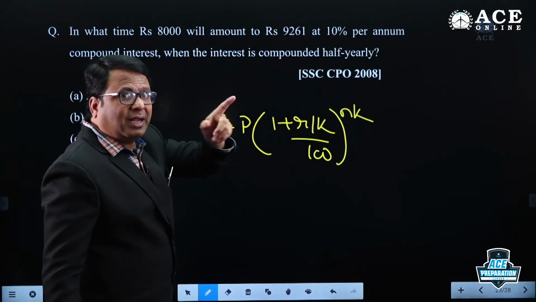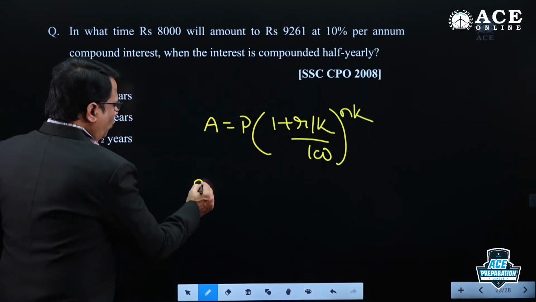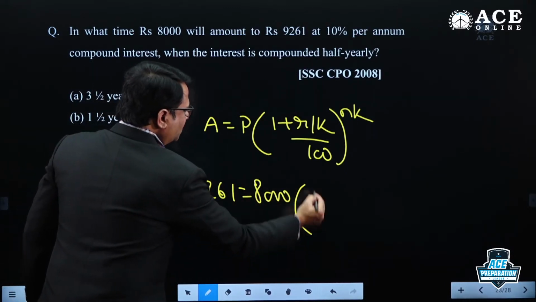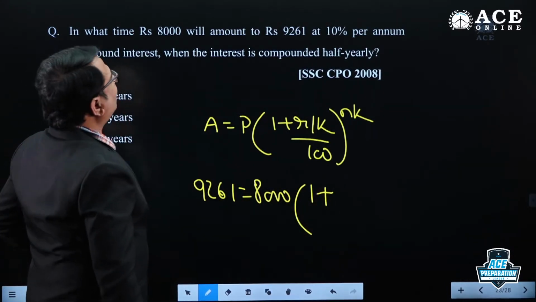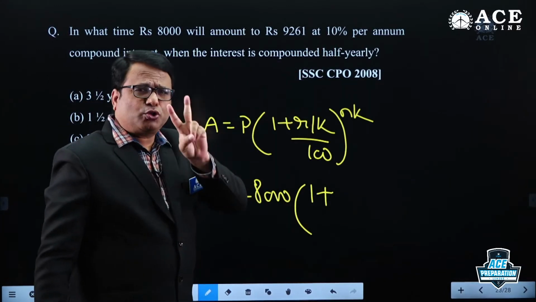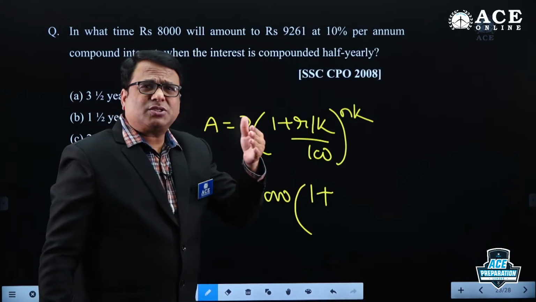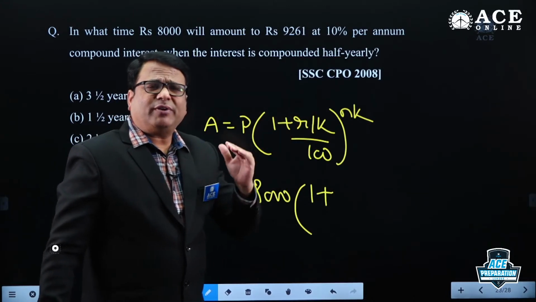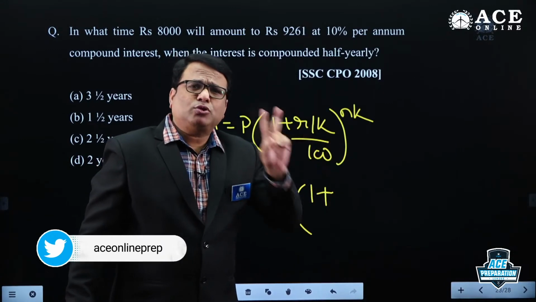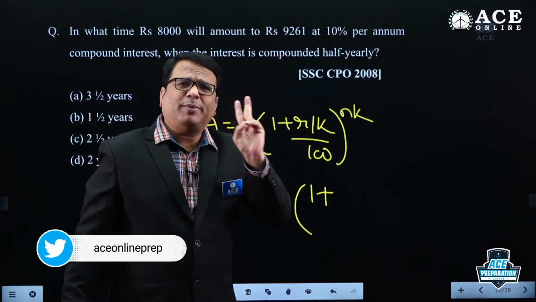That means amount is 9,261. Principal is 8,000. 1 plus. Now rate of interest is 10%. That means R is 10. And K value is 2, because interest is compounded half yearly. So if interest is compounded half yearly, in 1 year you will calculate how many times? 2 times. That means K value will become 2.